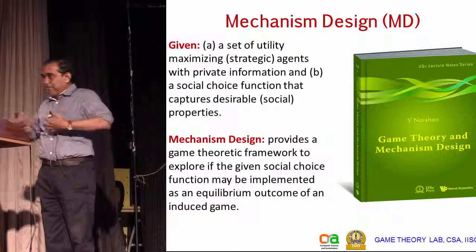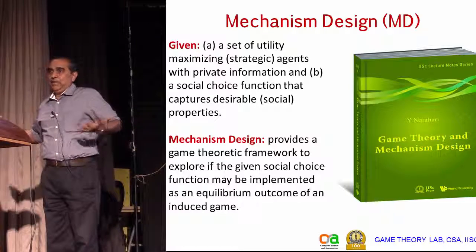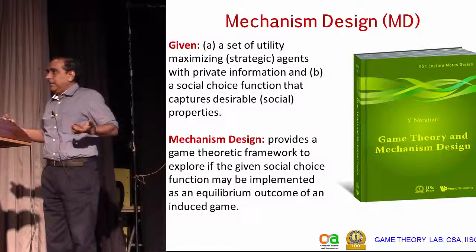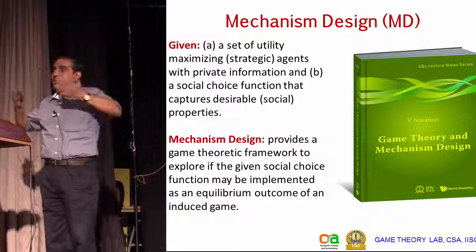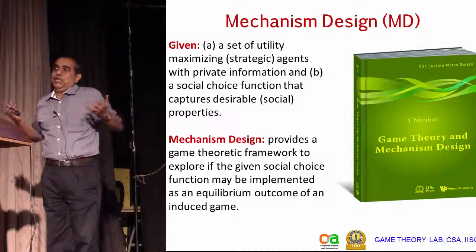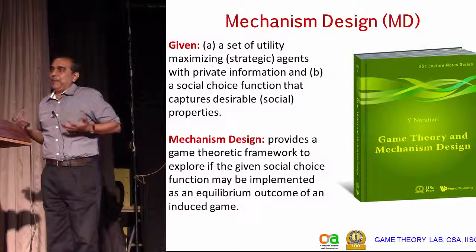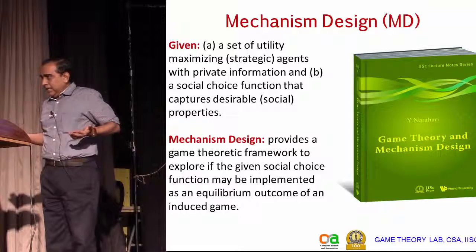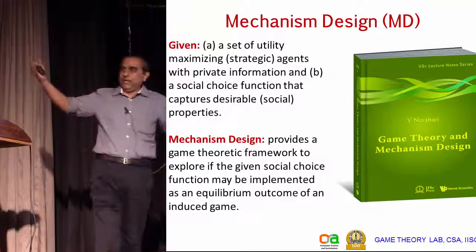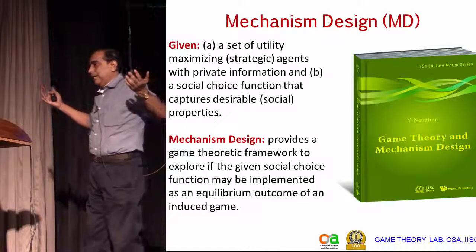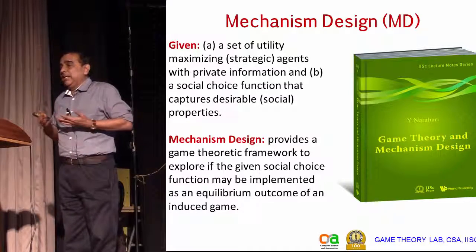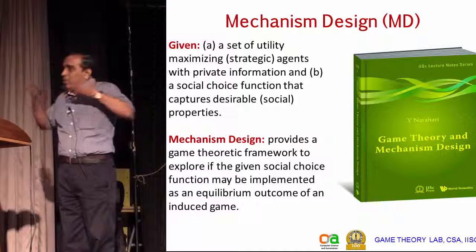They have private information with them which they may or may not truthfully report, and they strategize because they have a utility function. All the time they are trying to maximize an expected value of this utility function, and the utility of one player could be conflicting with the utility of another player, and the utility that is going to be gained by a player will depend on the collective actions of all the players.